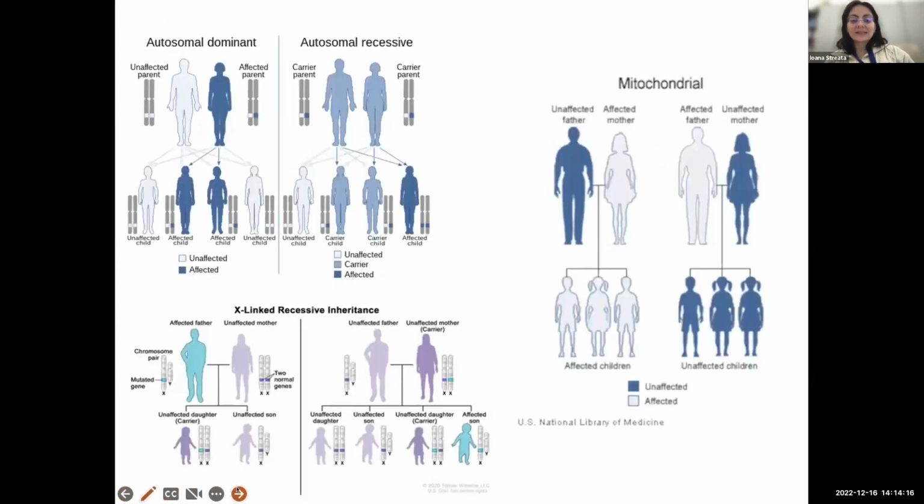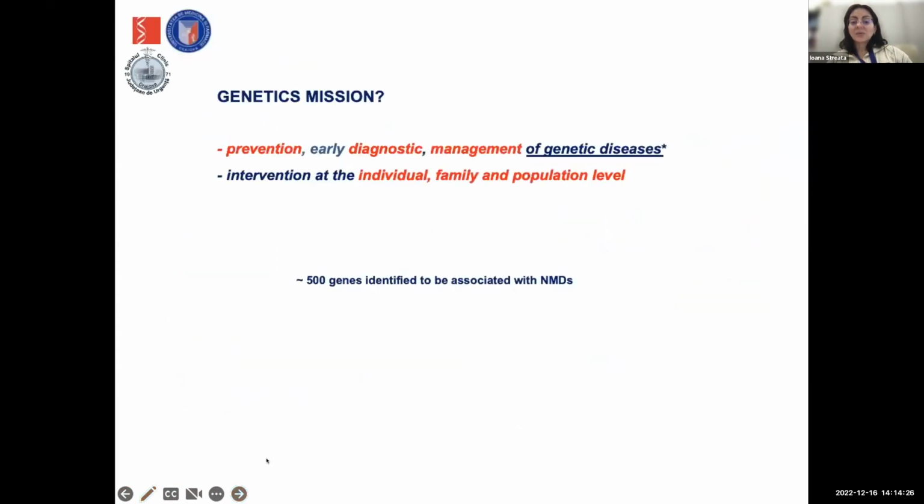So this is the way that the genetic variants can be inherited or transmitted from one generation to another. That's why through medical genetics, we can help to prevent, to have an early diagnostic and proper management for genetic diseases.